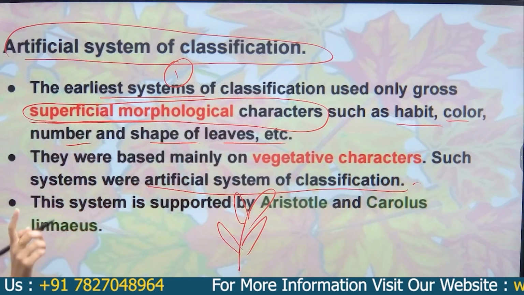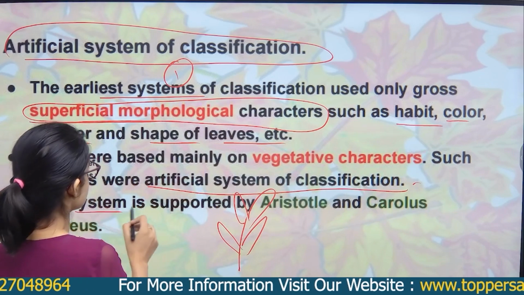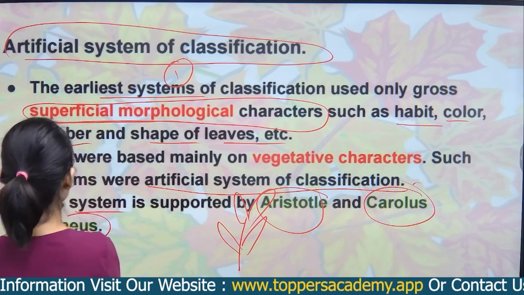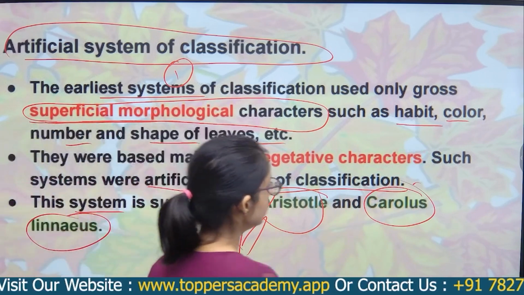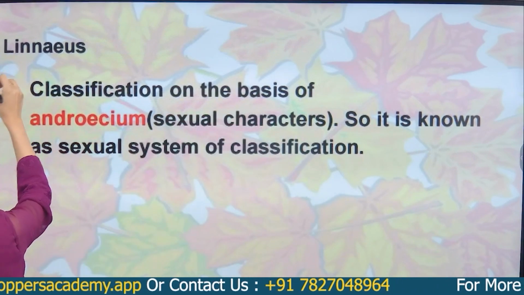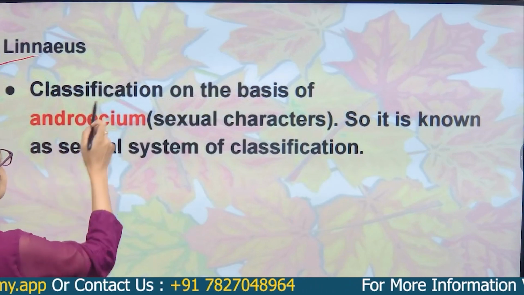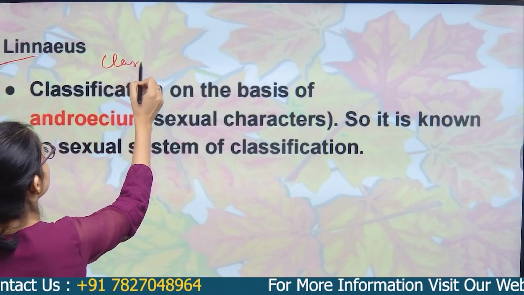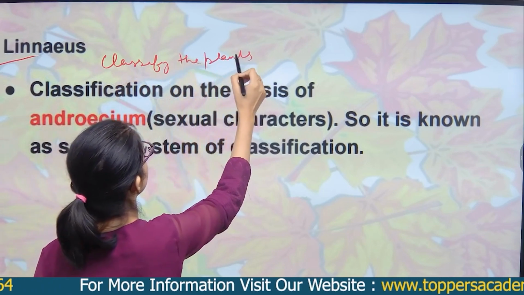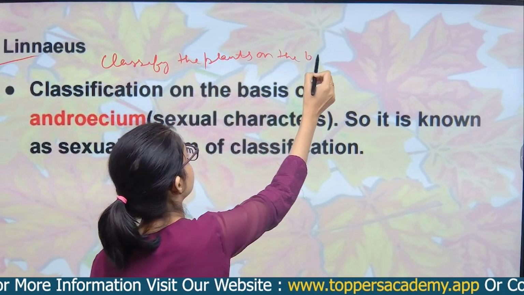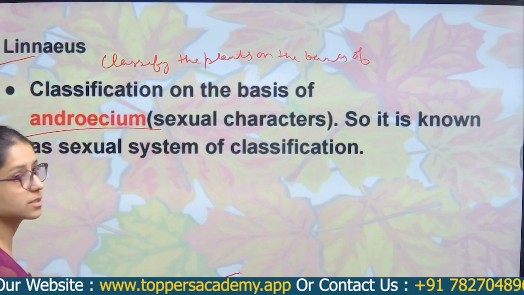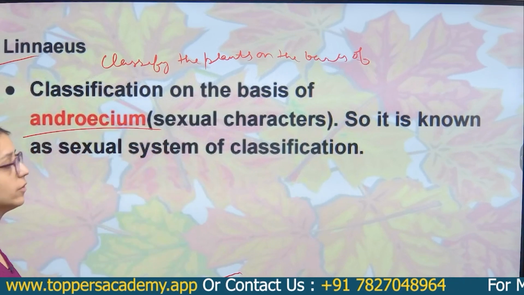So who supported this classification? This system is supported by Aristotle and Carolus Linnaeus. In the artificial system of classification, the scientist Carolus Linnaeus classified the plants on the basis of androecium, which is the male reproductive organ.